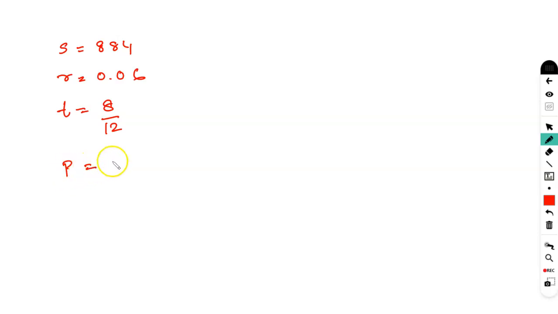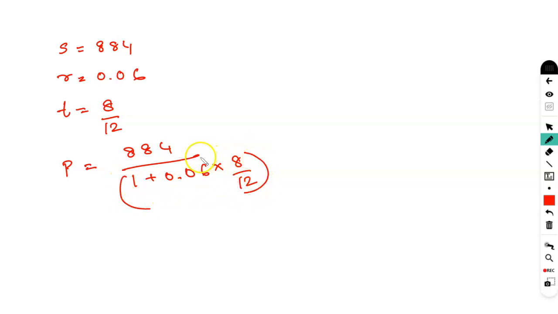So 884 as your S, your R is 0.06 and time is 8 months, which is 8 over 12. If you substitute in your formula, 884 over 1 plus rt, which is 0.06 times 8 over 12.